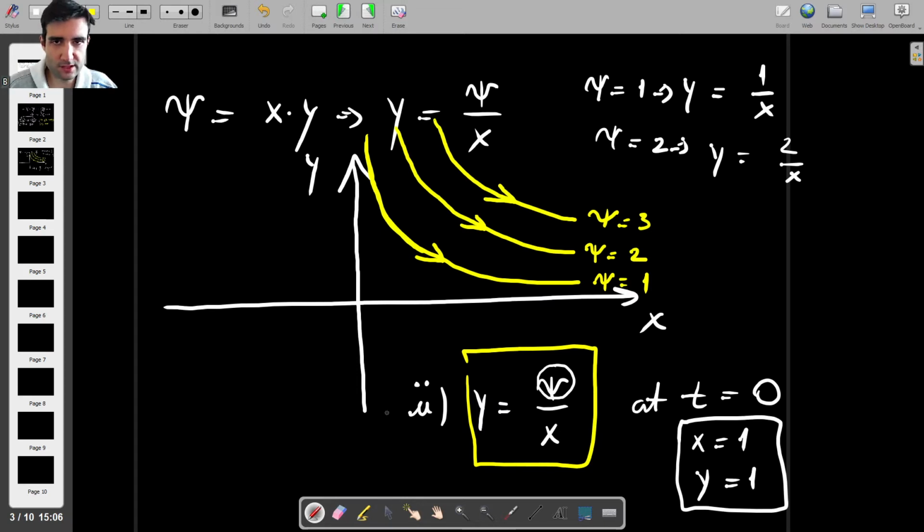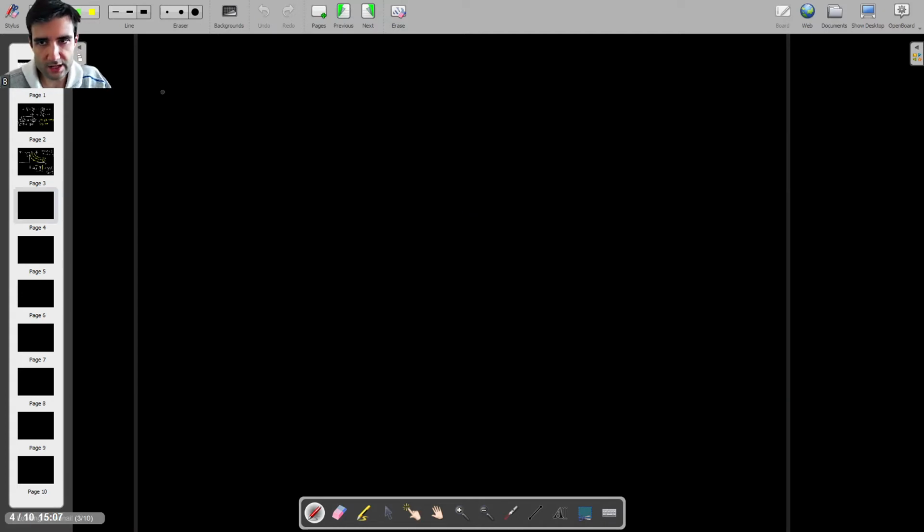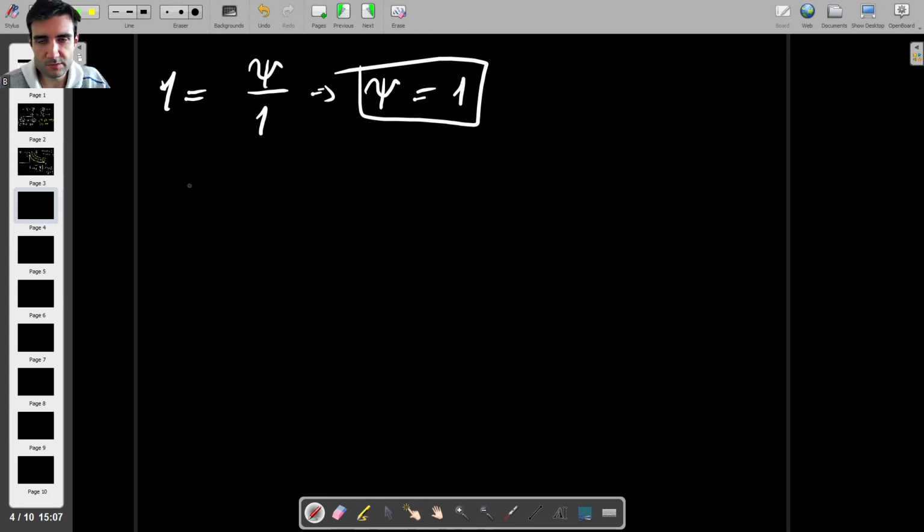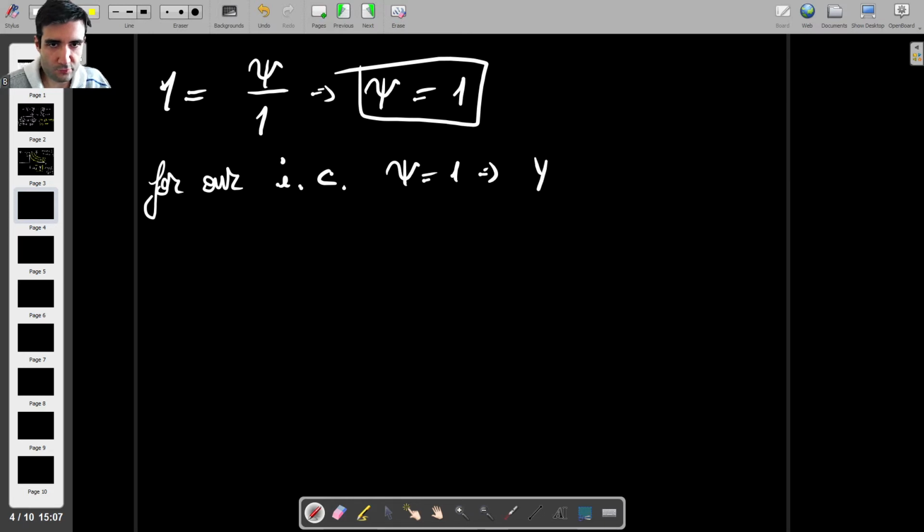So what we need to find is which of those streamlines is actually the streamline that we're considering. So to do that, we're going to replace y and x with 1 each. So we have 1 is equal to psi over 1, which means that the psi that we're looking at is equal to 1. So for our initial conditions, psi is equal to 1, therefore y is 1 over x.